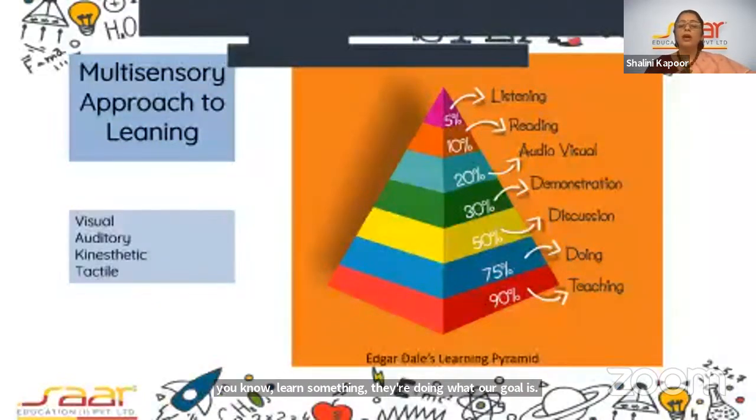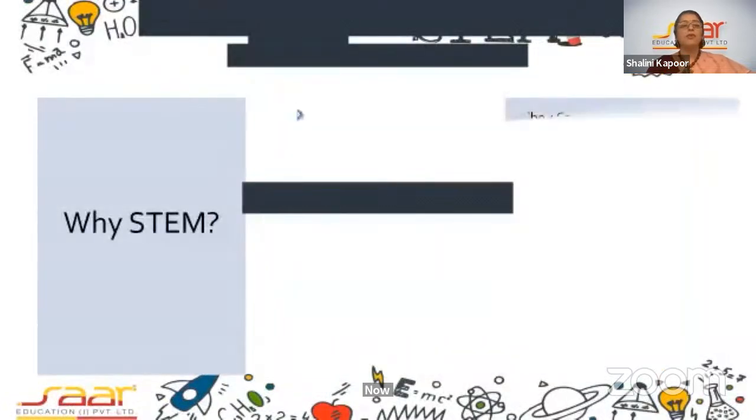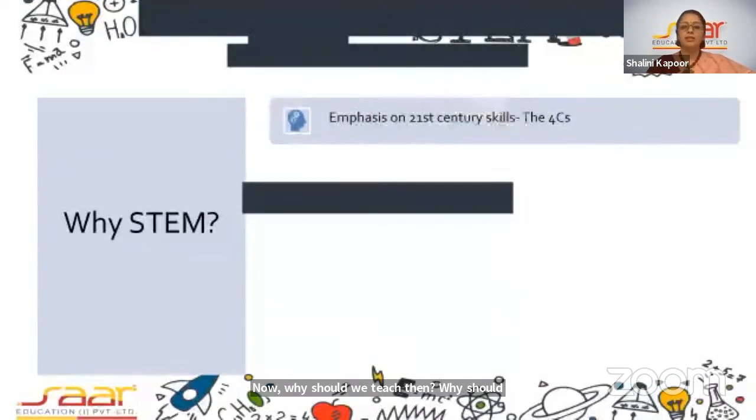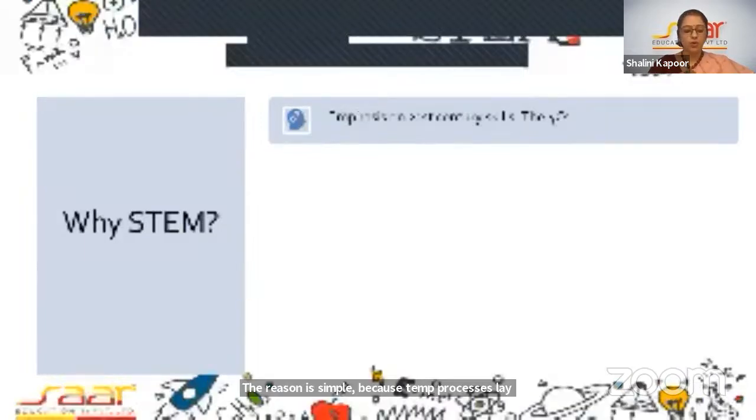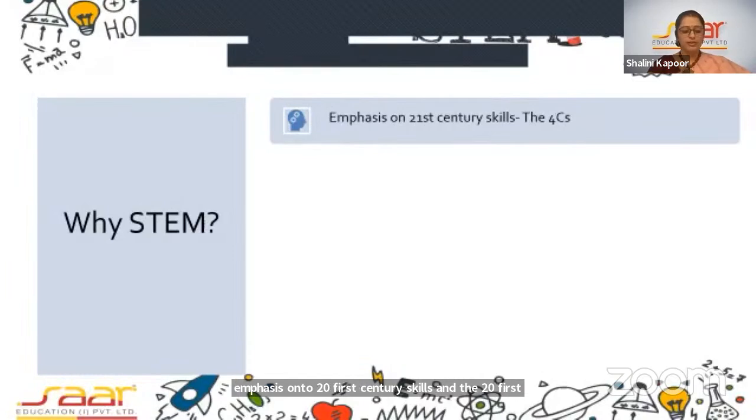Now, why should we teach STEM? Why should we introduce STEM in our classes? The reason is very simple, because STEM processes lay emphasis on 21st century skills. And the 21st century skills are also known as the 4Cs. STEM is meant to engage all the learners and develop their 4Cs.